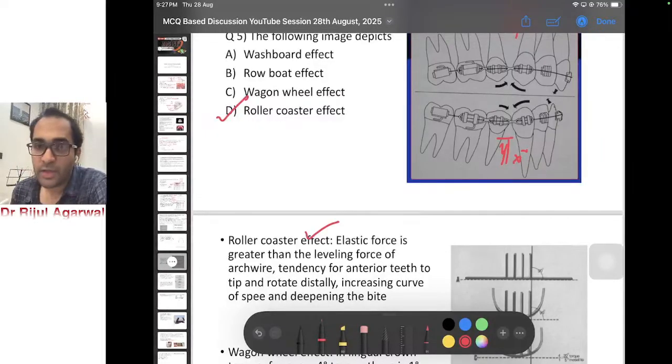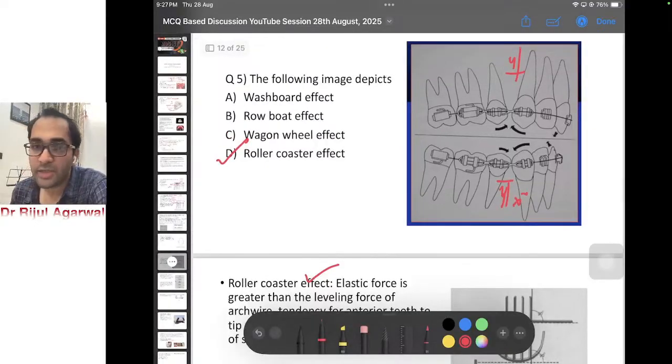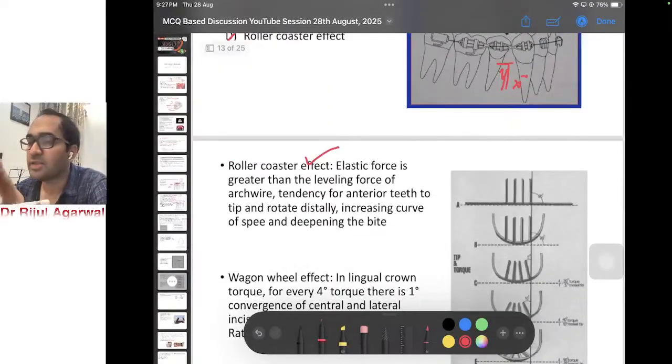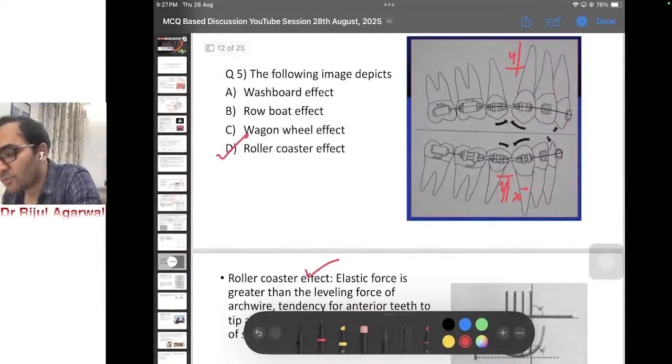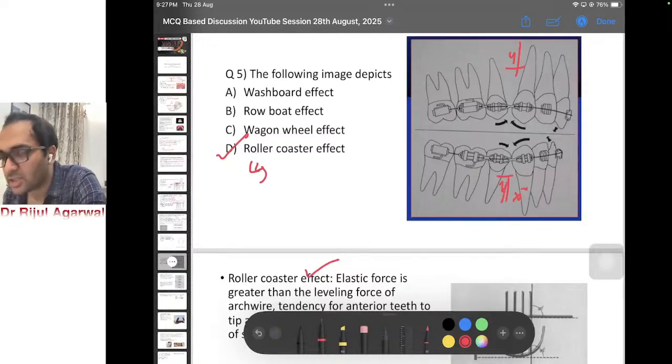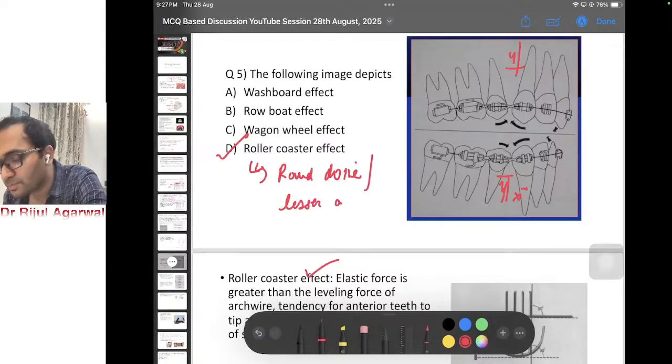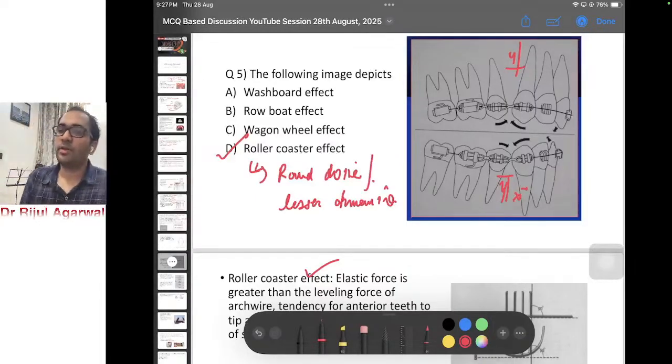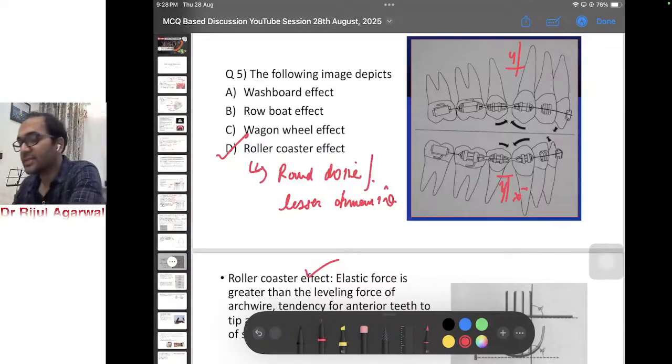When this force exerted increases beyond the leveling tendency of the arch wire, or if you are using a base arch wire of lesser dimension, that is a round arch wire, what will happen? The teeth will have a tendency to tip or bend because of the excessive forces being applied.